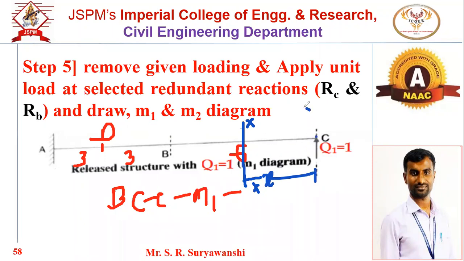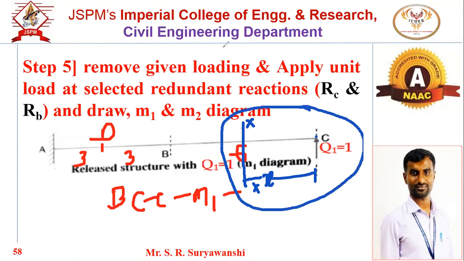Now, if you consider this right portion, what is the bending moment? For the right portion, the bending moment of this Q1 about this section XX. This is the force Q1, that is 1 kilonewton. What will be the moment of this force about the section line XX? It is anti-clockwise, right portion, so anti-clockwise moment is positive. Moment is force into perpendicular distance.